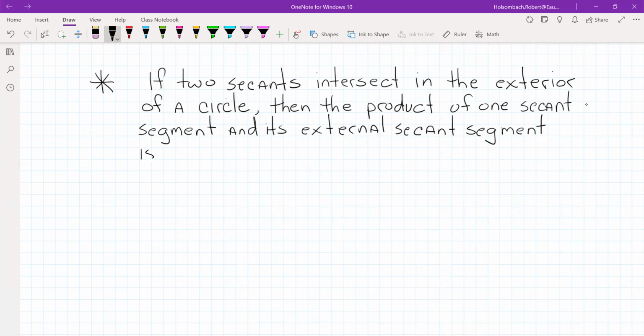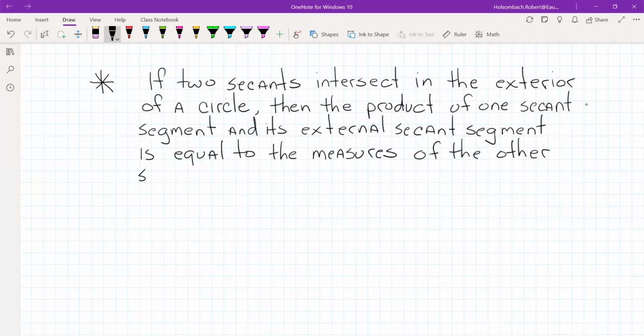is equal to the measures of the other secant and its external secant segment.